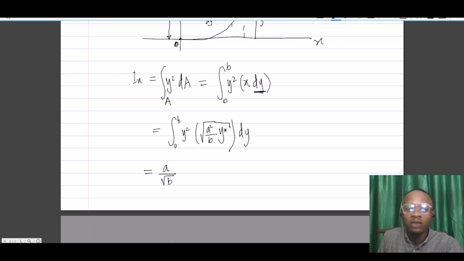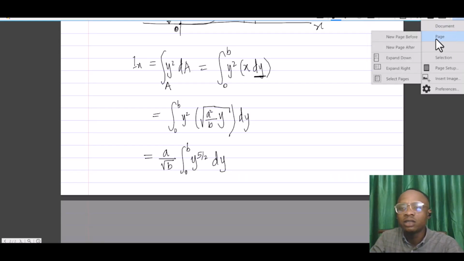What we have left after removing a over root b will be y to the power 1 over 2, multiplied by y to the power 2. That's y to the power 2.5 if you like, or 5 over 2, that's 2 plus 1 over 2. So this will be the integral from 0 to b of y to the power 5 over 2 with respect to y. With this, we can go ahead with the integration.